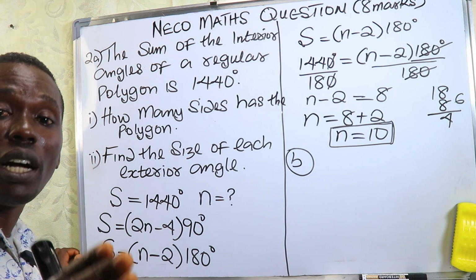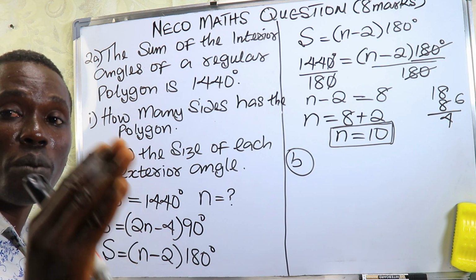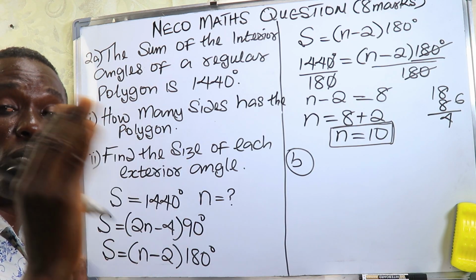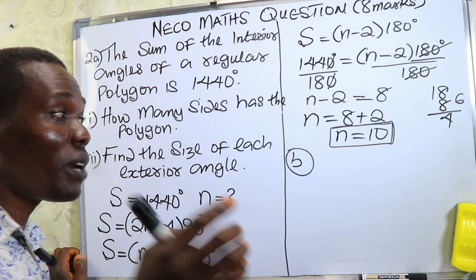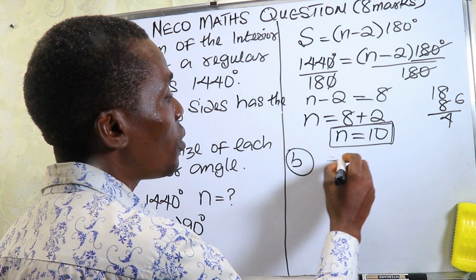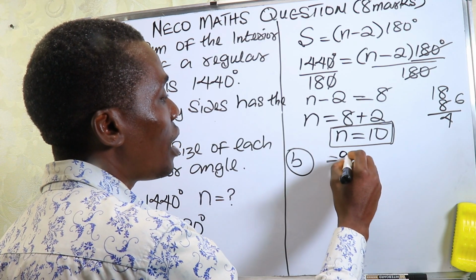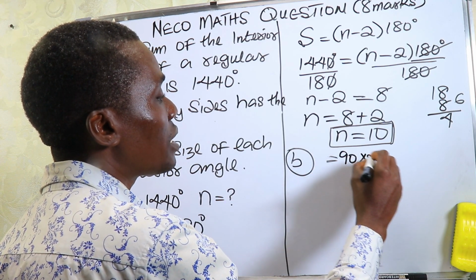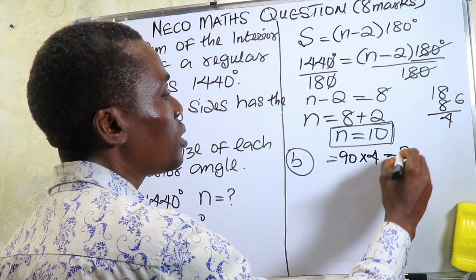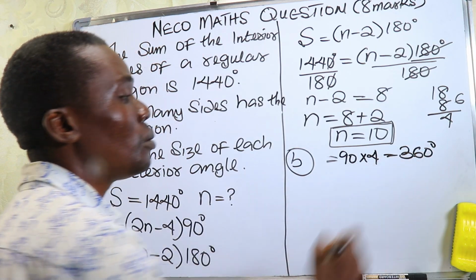According to the formula, the sum of the exterior angles of a polygon is 4 right angles, and a right angle is equal to 90 degrees, and 4 right angles is 90 times 4, which is equal to 360 degrees.